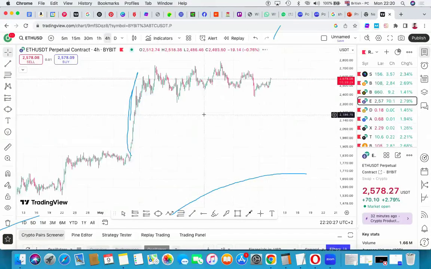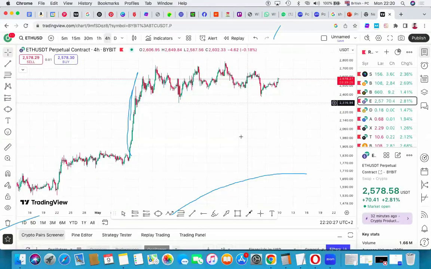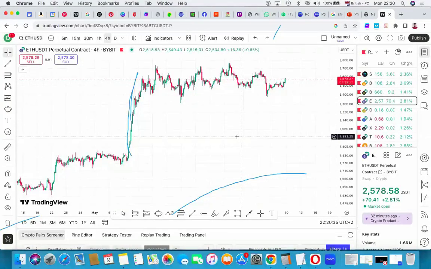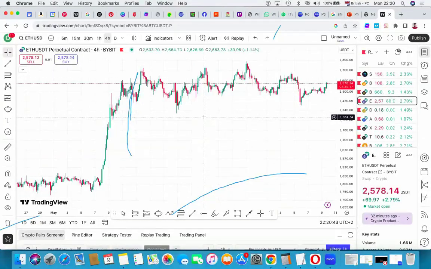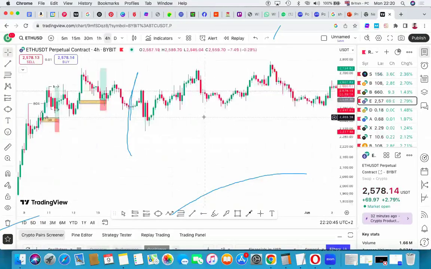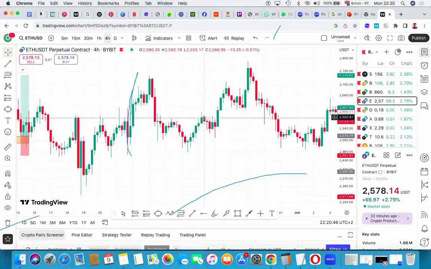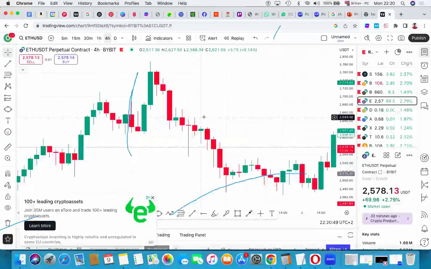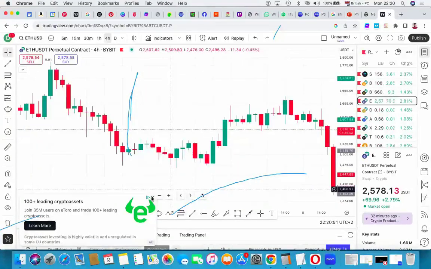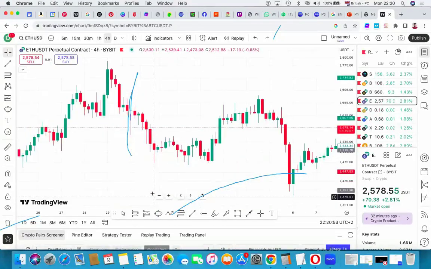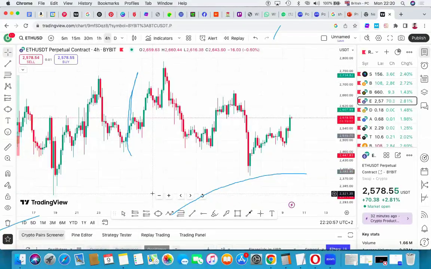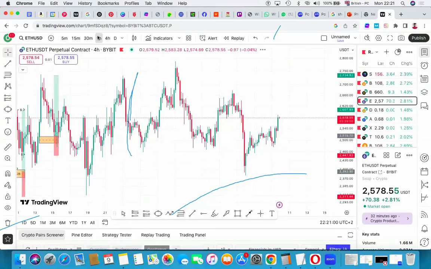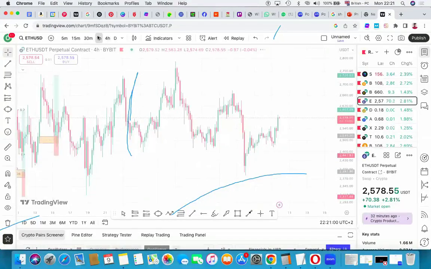Does anybody have any questions so far? So even here on ETH, unless I really want to use maybe a lower time frame to see if we can have an example.